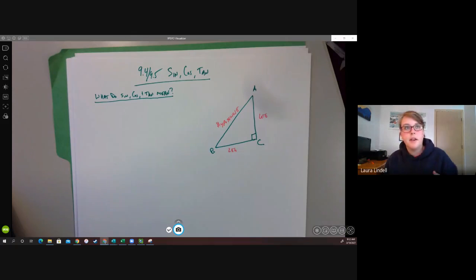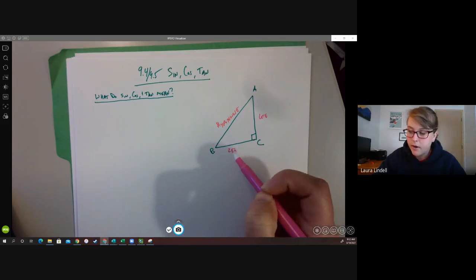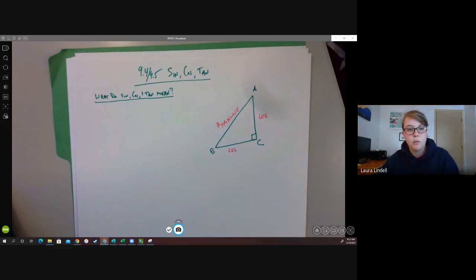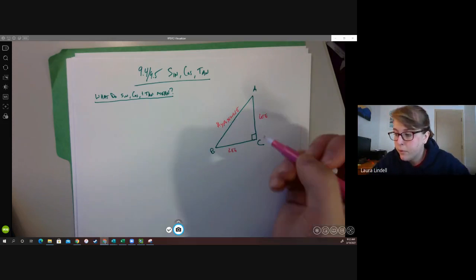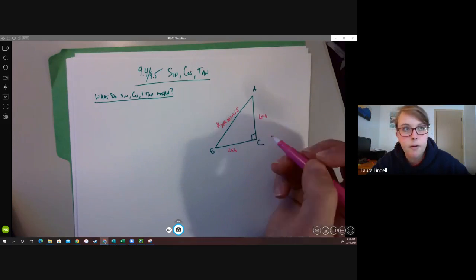And so yesterday, just to recap real quick, we talked about the Pythagorean theorem, which was leg squared plus leg squared equals hypotenuse squared, or a squared plus b squared equals c squared, depending on how you like to think about it. And so sine, cosine, and tangent have to do with the relationship between the side lengths on a right triangle and the angles on a right triangle.